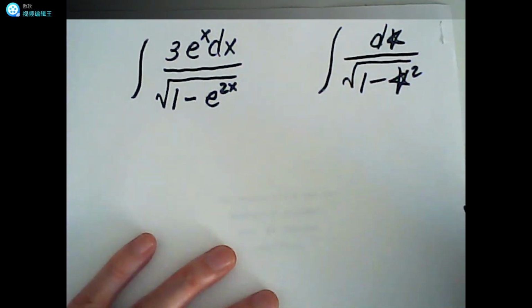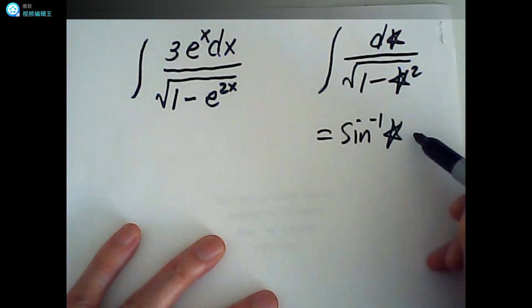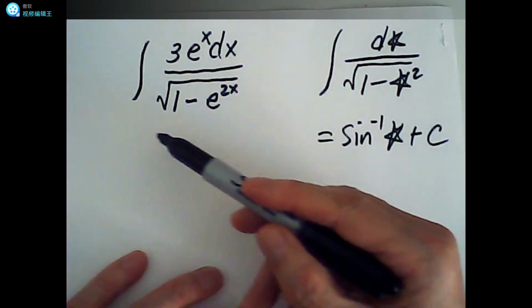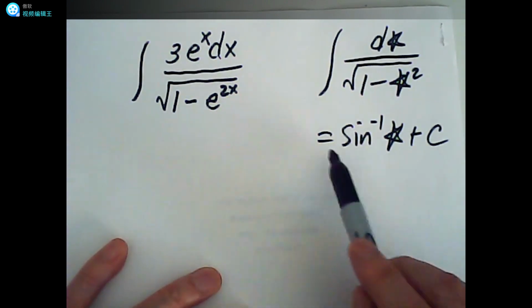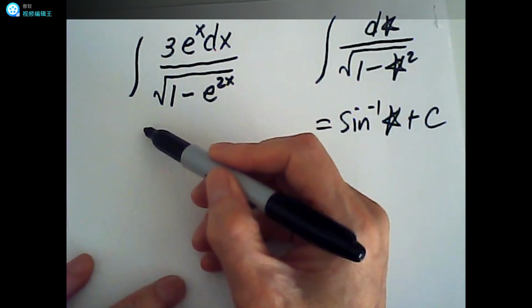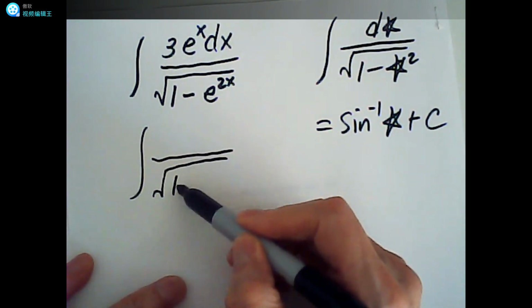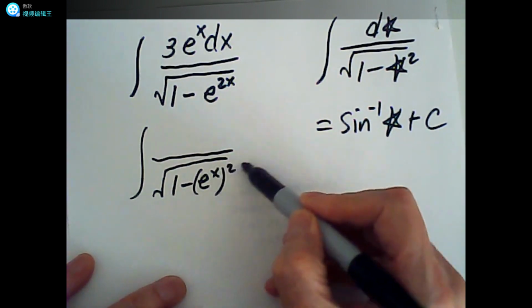So that is arcsine something. Let's see. If you have this one in your mind, we can try to fit this integral to that basic formula, which means that we have a square root of 1 minus e to the x squared, right?